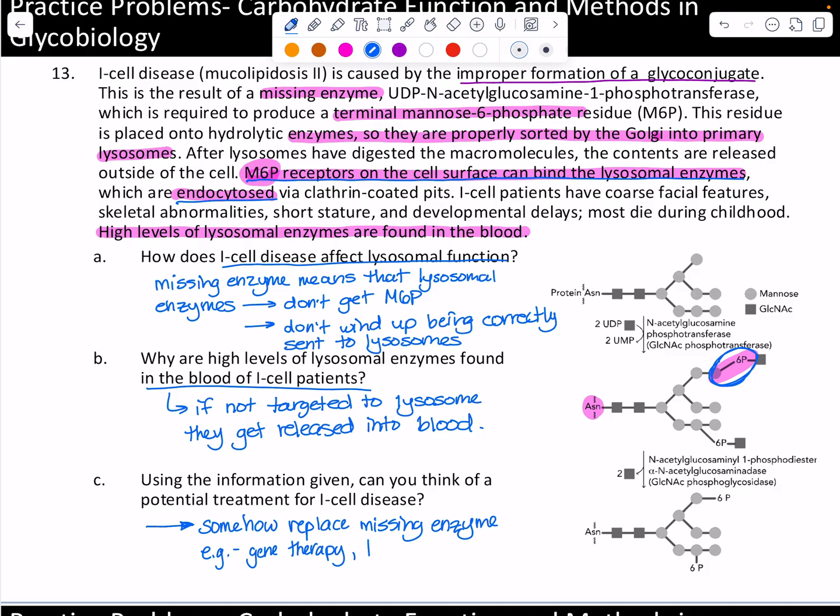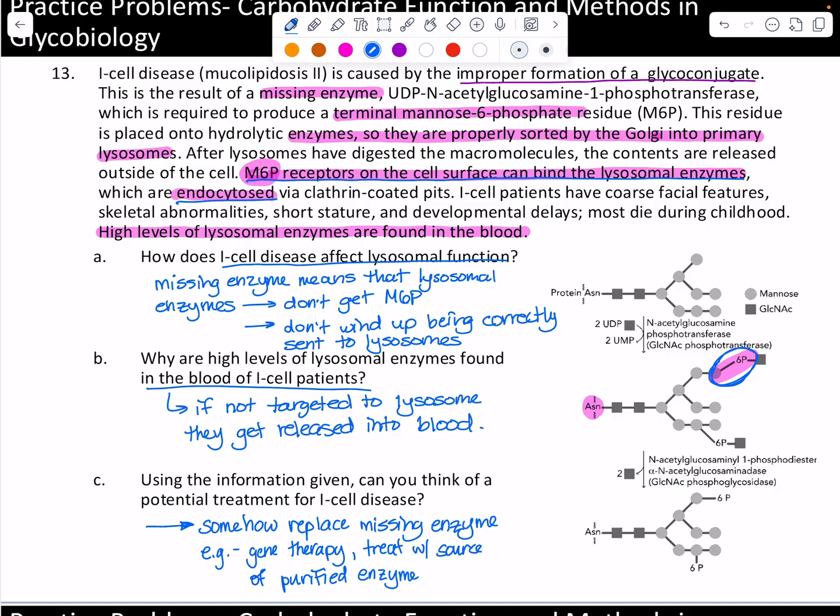So treat with a source of purified enzyme. Instead of them having to make it, you've got it as a biological drug that you can then introduce to them. But delivery is going to be an issue in any of these cases.